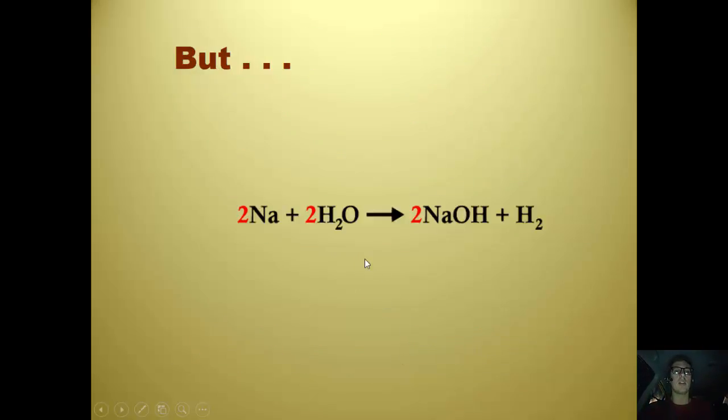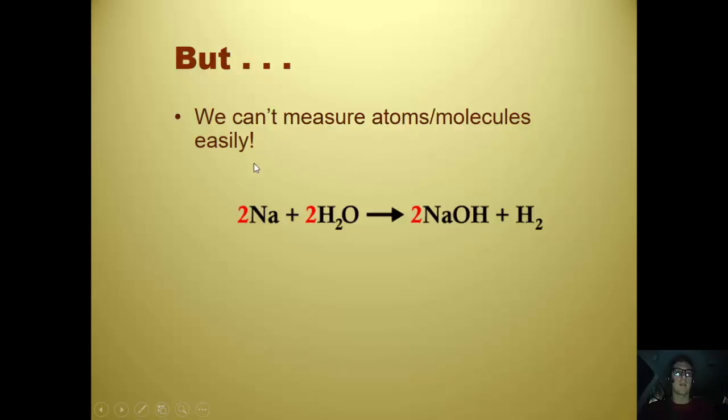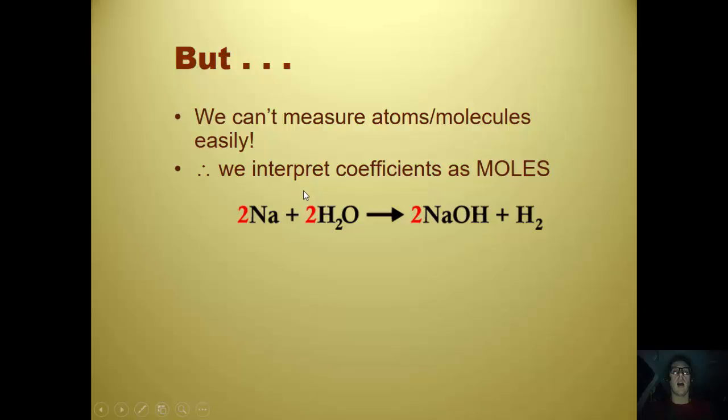But what it also means, because we're not going to measure atoms or molecules or formula units easily, we interpret coefficients as moles. Look at our friend moles that came back here. Guys, you learned it all for a reason.